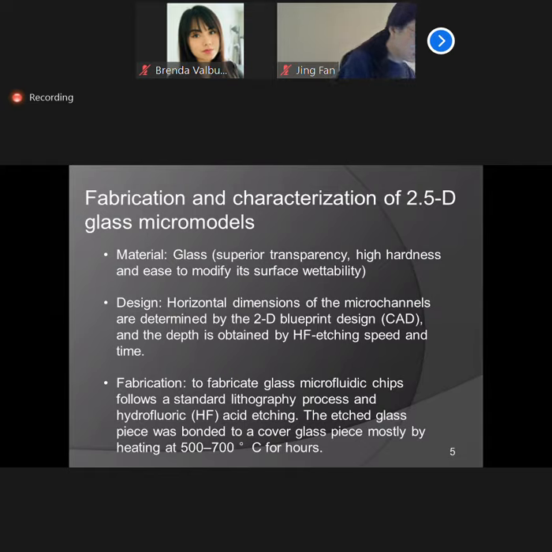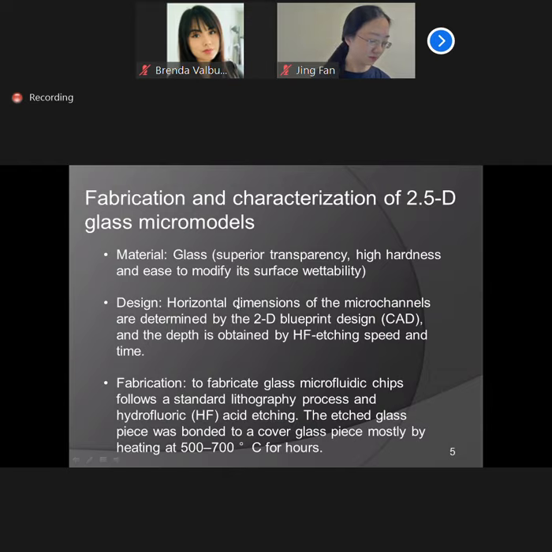So we use glass as the material because it's transparent, has high hardness, and is easy to modify. For the design, we use AutoCAD to design the 2D blueprint and then project it to the glass chip.